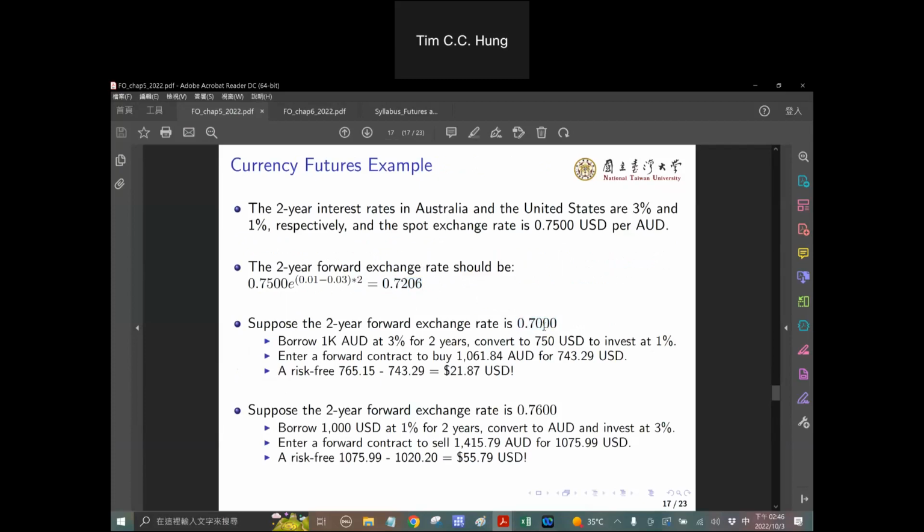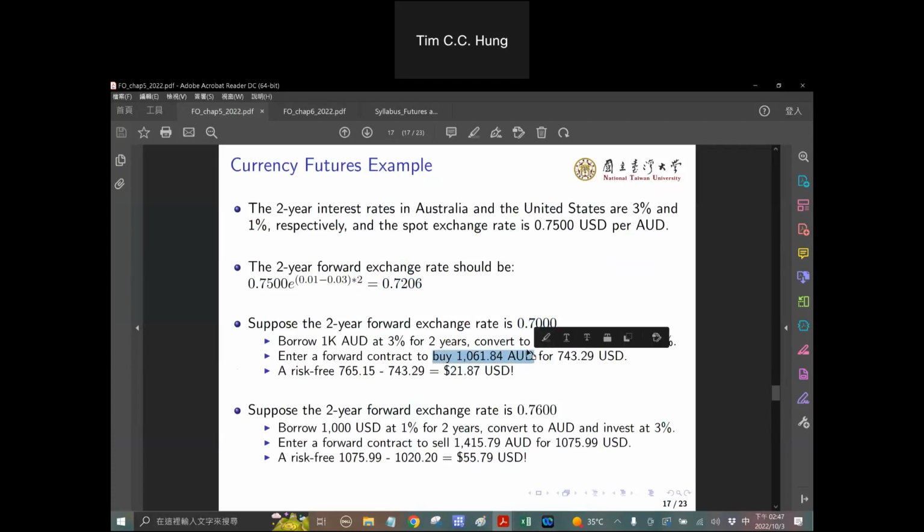What it means is that in 2 years, we can buy one Australian dollar for only 70 US cents, while the fair price is 72 US cents. So we know that the Australian dollar in 2 years is undervalued under this forward contract. So we want to take advantage of it.